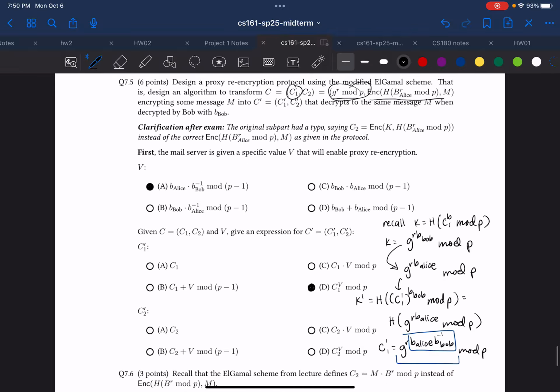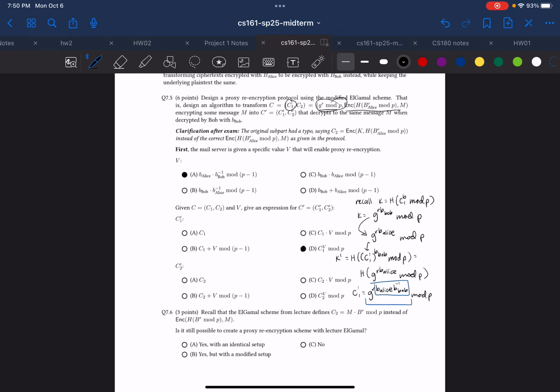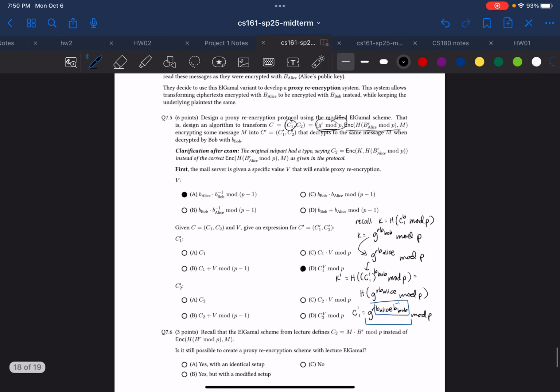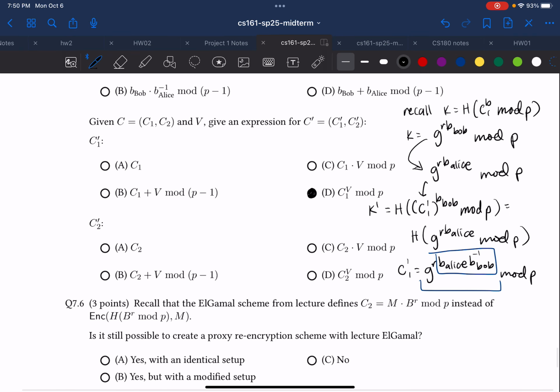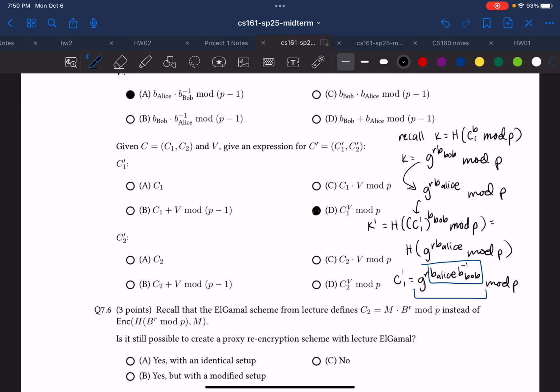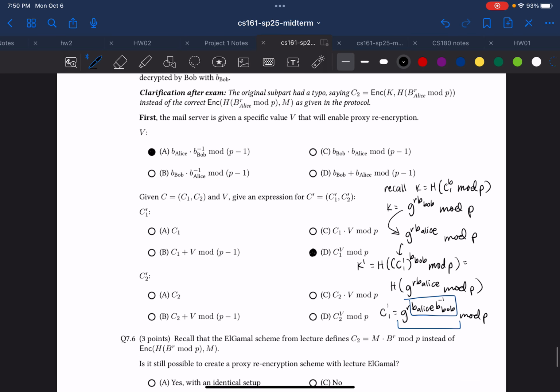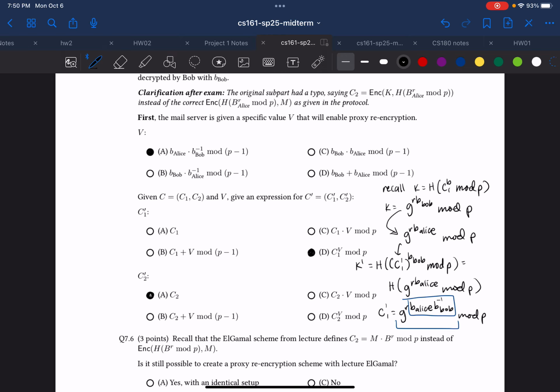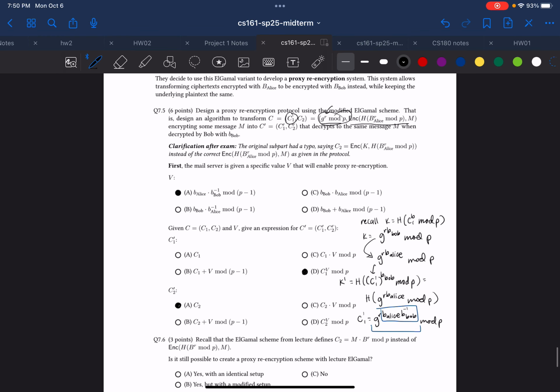Remember that our original C1 is G to the R, so this is just G to the R times our V, and then C2 can just stay the same, because by definition, we defined our C1 so that our key works with the original encryption of the original message with Alice's key. And that pretty much solves this question.